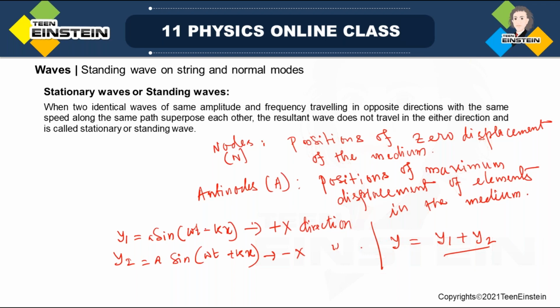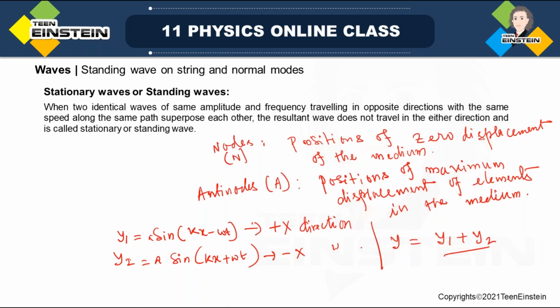Look in your NCERT textbook, this is altered by kx minus omega t. Actually, with the same meaning, we can have this expression also, with kx plus omega t.